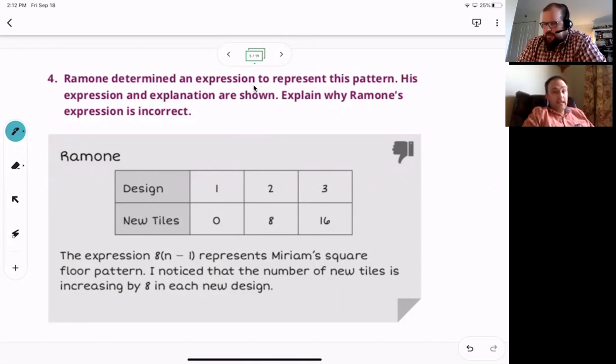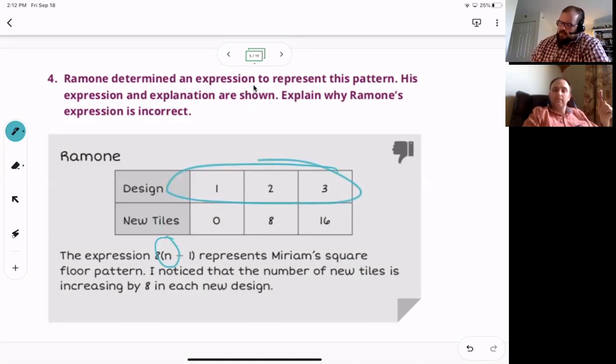I like what he's saying. I like that we're saying we increase by 8, but I think the flaw is connecting the design with the letter n, and that is not what they're asking us to do here. Now, is that because each of these are talking about an n by n square? Yeah.